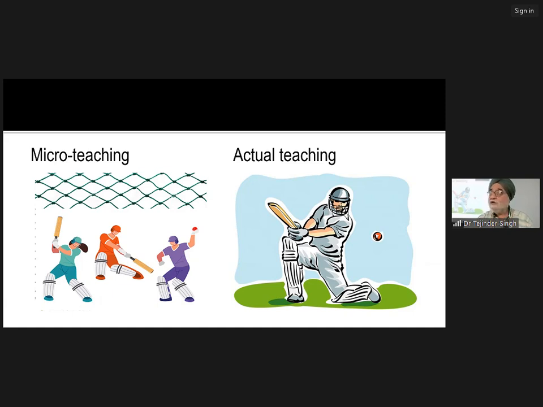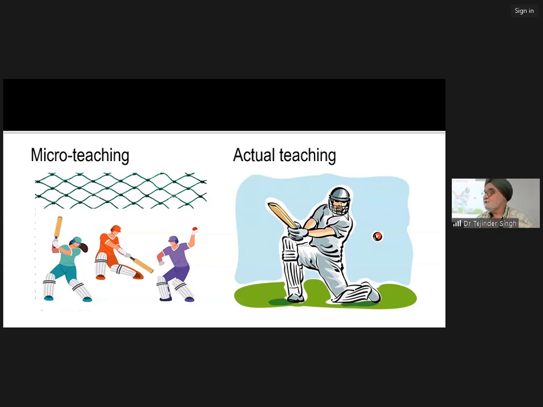So when players are doing net practice, they don't look at how many wickets and how many runs and how many fours and how many sixes. No. The purpose is only to learn how to deal with different kinds of ball, and then hope that you will be able to use these learnings when you actually go out to play. And this difference is crucial. If you do not keep this in mind, then you will end up playing a match in a net practice or vice versa.